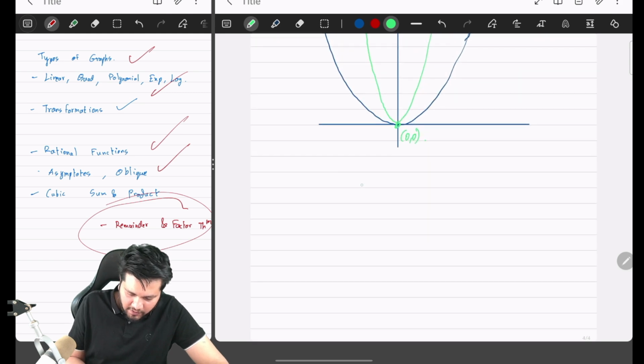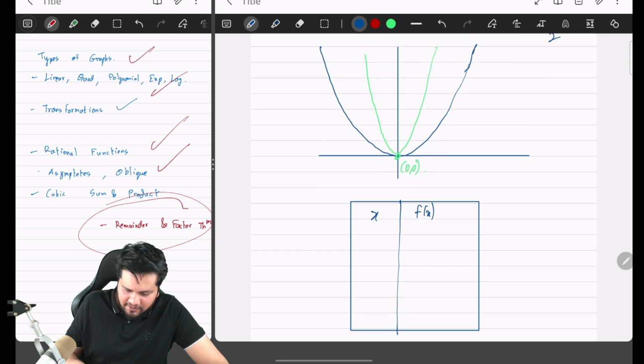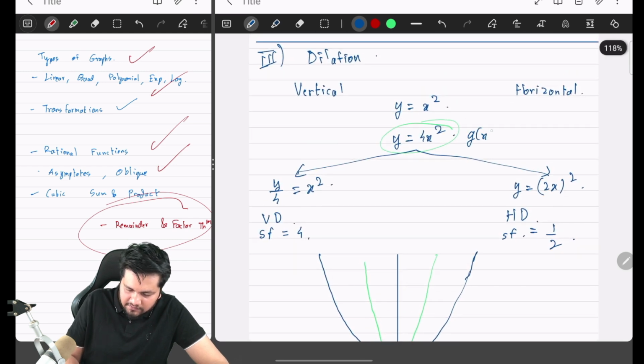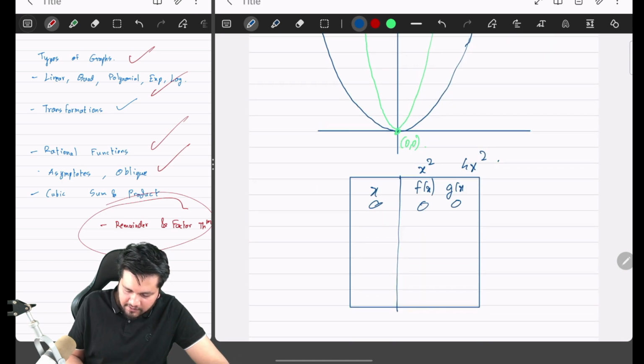So let me create one table to have an understanding. These are your x values, this is your f of x values, and this is your transformed f of x values. Let me write this as g of x. So this is your x square and this is your 4x square. Obviously 0 will remain the same.